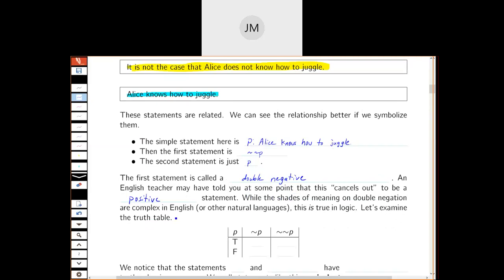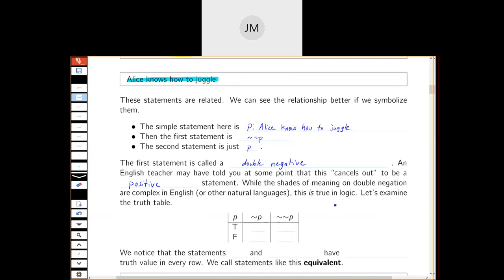If we were to look at this with a truth table, then it's easy to see that this is the case. If I take a statement P, it can be either true or false. Not P has the opposite truth values.